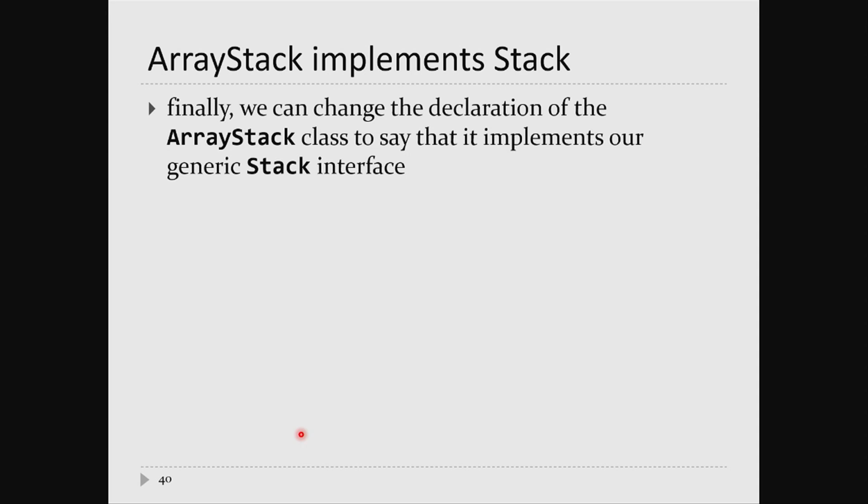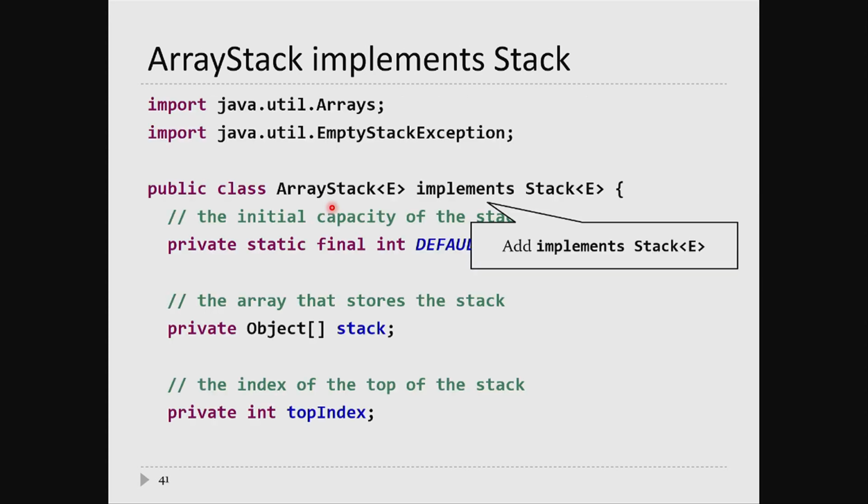Finally, the last thing to do. So what did we have back here? Way back, we can change the declaration. We made a generic class called ArrayStack, but that ArrayStack class actually implements a generic interface. So if we wanted to, and you probably do want to in this case, you can now go back to your stack class and say that it implements our generic stack interface.